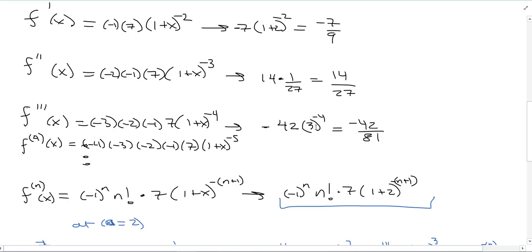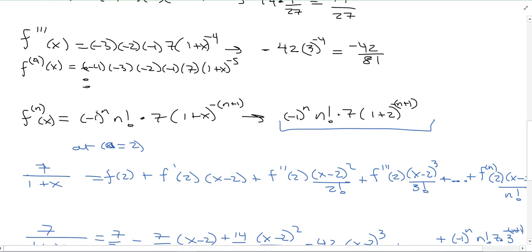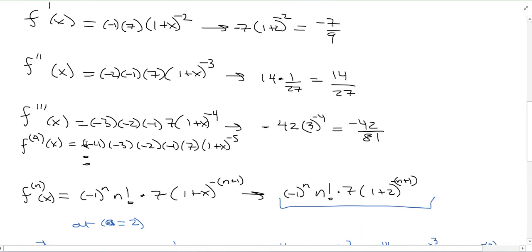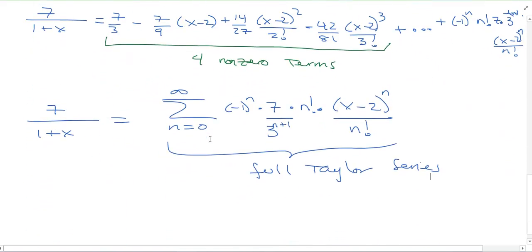Once you're actually evaluating it, plugging in the center, in this case x equals 2, then go ahead and do the math to find what the actual coefficient is. But when we're looking for that nth term, the pattern, it is easier to see the pattern when you don't do the math. Hopefully that helps explain it.